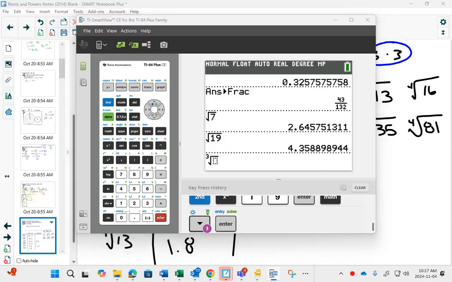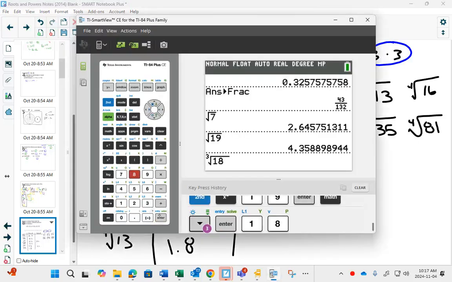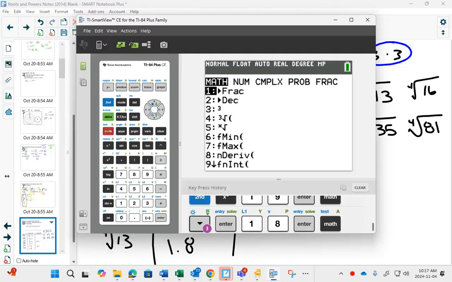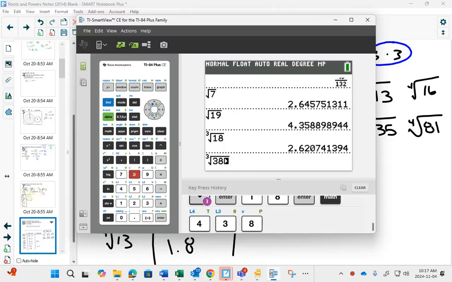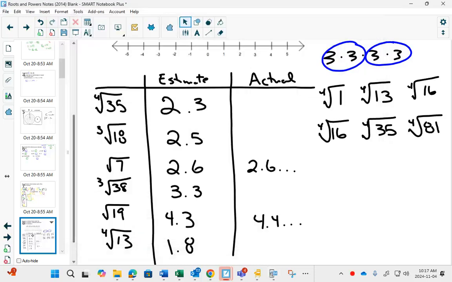So if I go to the cube root and I want to do cube root of 18 and cube root of 38, I get 2.6 and 3.4. How did we do?